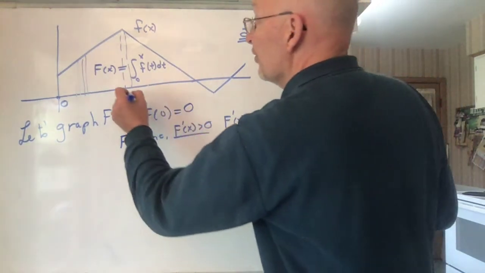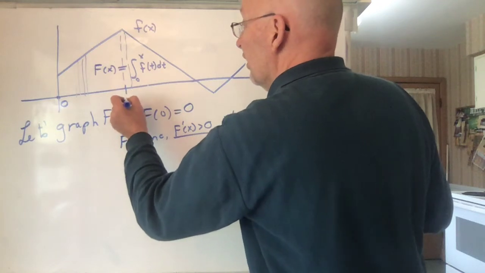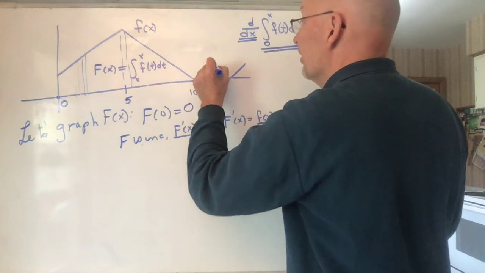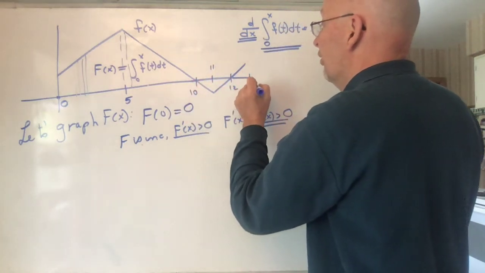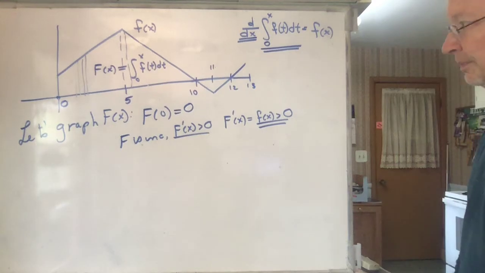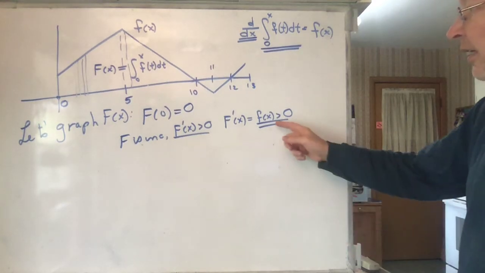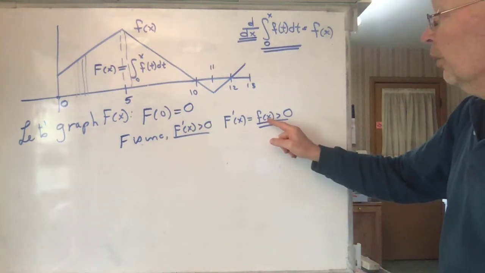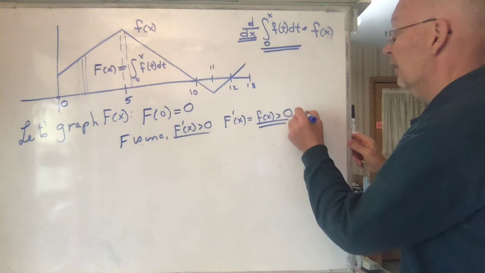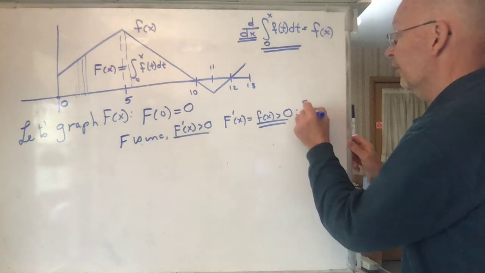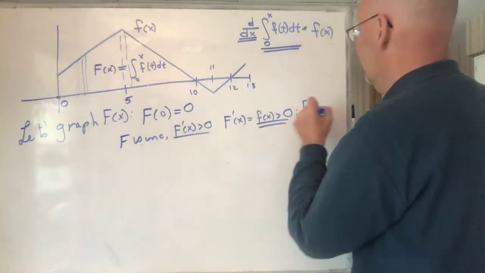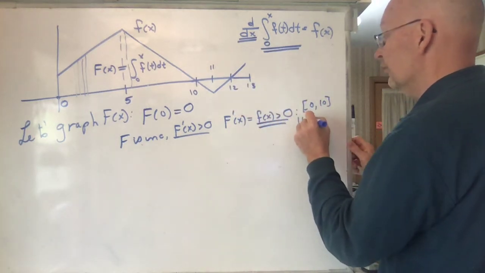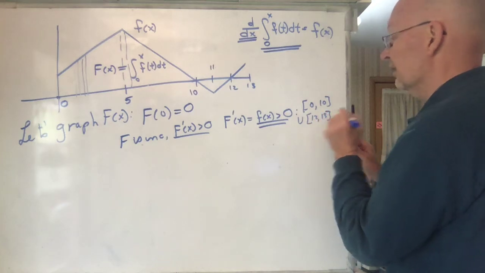So let's label some points here. Let's call this 5, call this 10, call this 11, call this 12, call that 13. Okay? So in other words, where is this thing increasing? This is increasing on the interval from 0 to 10, and then from 12 to 13.